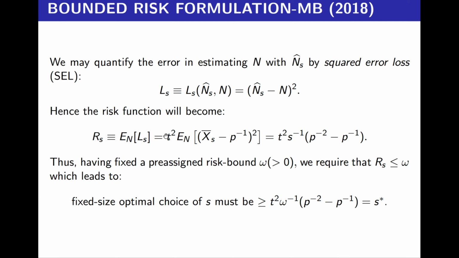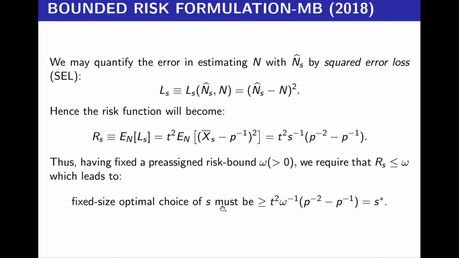If we want to define the risk, this is the expression for the risk. And if we want to bound the risk by a positive pre-assigned quantity, which we call omega, then we have a fixed sample choice for that.